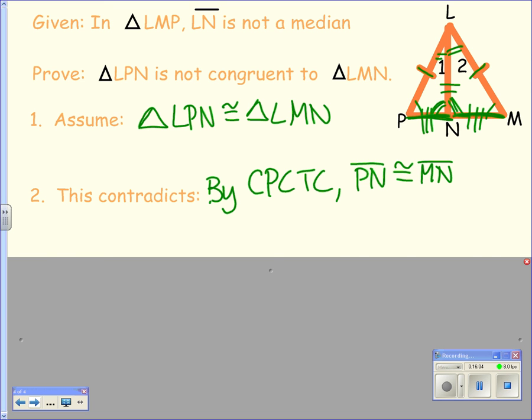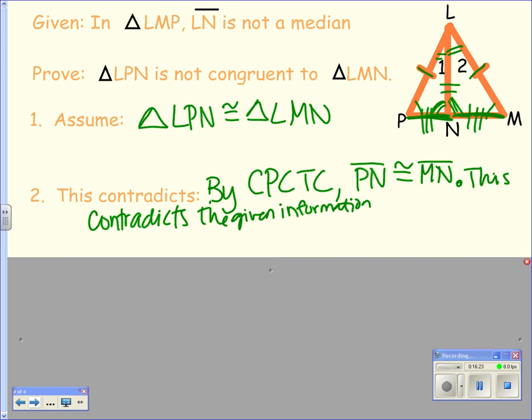Does that make sense? But what does that contradict?